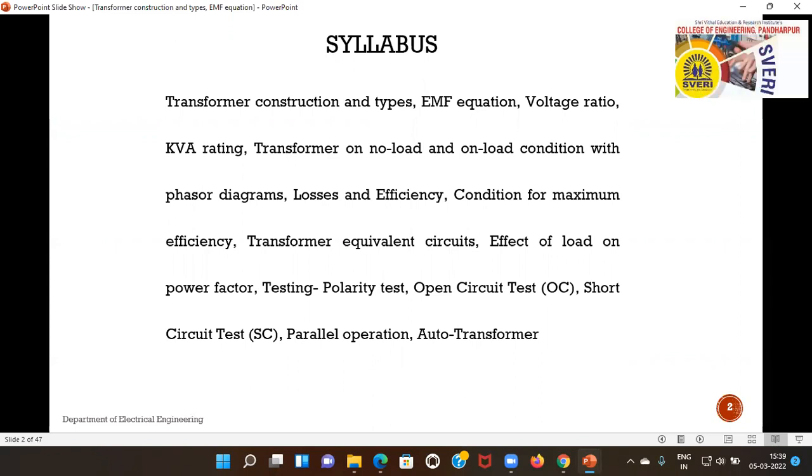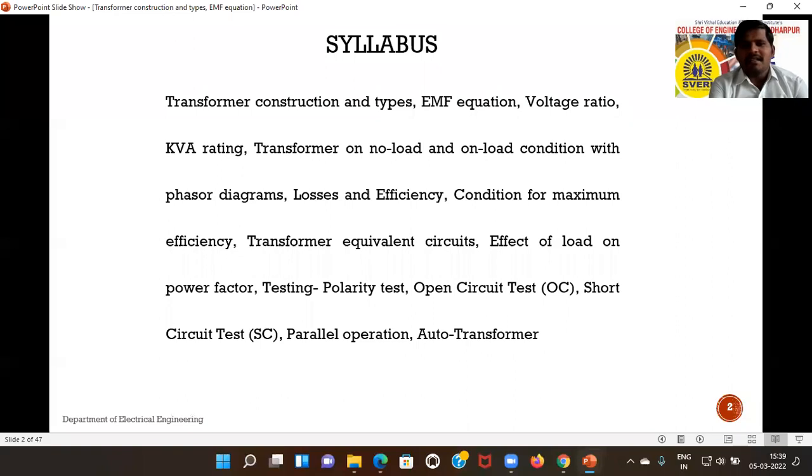After that, we will discuss the EMF equation of transformer. You people already studied this in the diploma, as well as in the first year, the transformer construction, types of transformer, and the EMF equation.